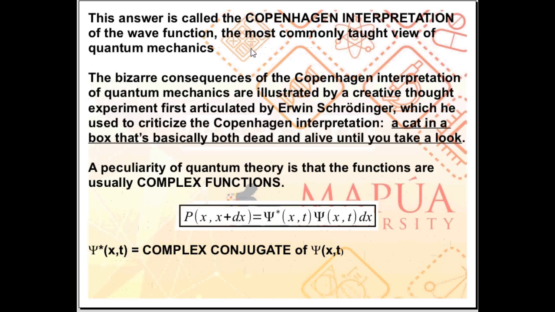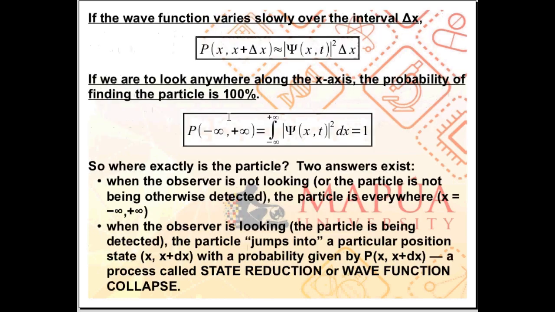This answer is called the Copenhagen interpretation of the wave function. Meaning, when you are not looking, the particle is everywhere. But when you look at a particular position, there's a chance that the particle will suddenly appear in that position, given by the probability P.